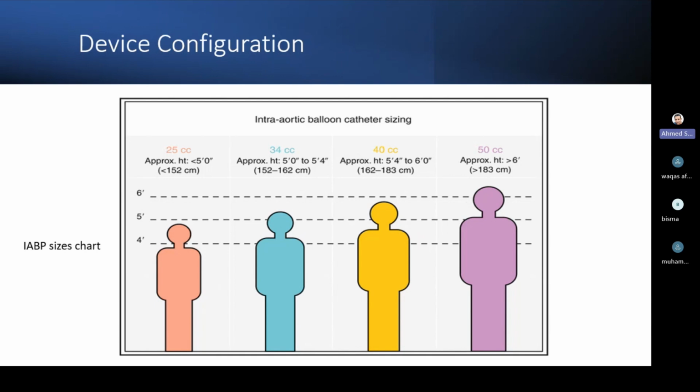I need to read more about this topic. There is a lot of conflict. Okay, but you guys are experts in this. You know that we are relying on you to select the size of the intra-aortic balloon. I learned this from all of you.